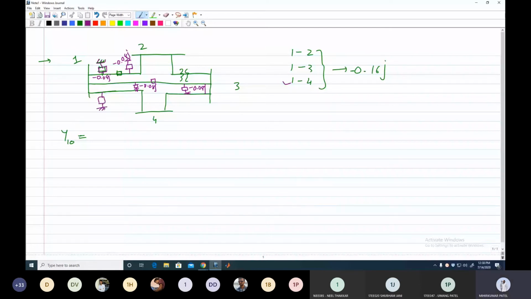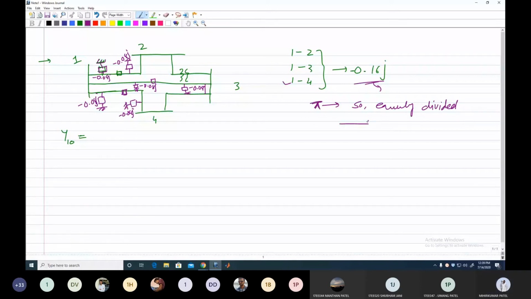the shunt admittance is equally divided. Why is it equally divided for this network? Yes, can anyone answer? Why is it equally divided on both sides? Pi network, sir. Yes, because we have considered the line model as a pi model. So our shunt admittance is equally divided on both sides.